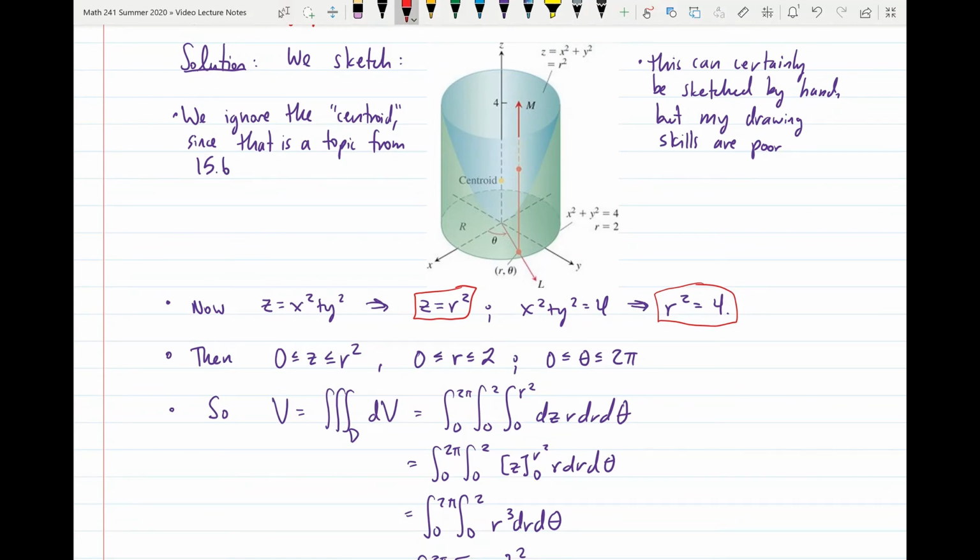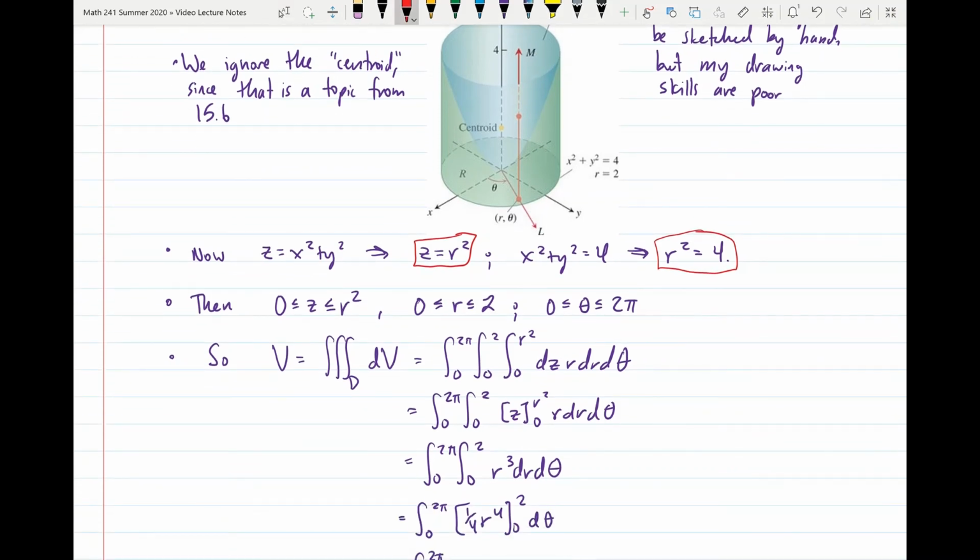If you pick any point inside of that region R down in the xy plane, and you draw a line that's parallel to the z-axis going up through our region, then that line is going to enter when z equals 0, or at just the xy plane, and it's going to leave when z equals r squared. So it's going to leave at the paraboloid in blue. That'll give us the limits of integration for z.